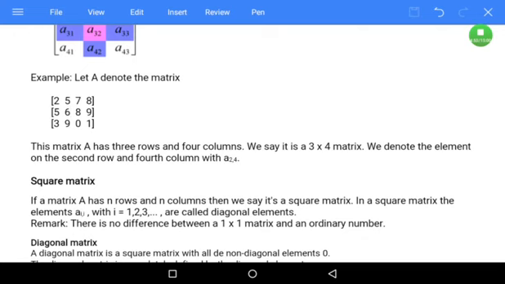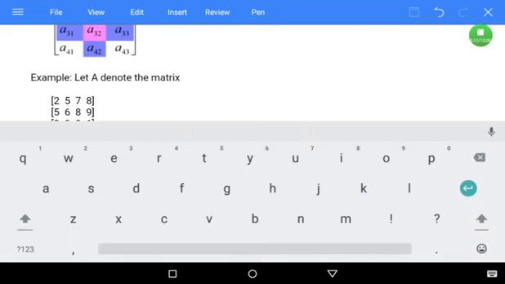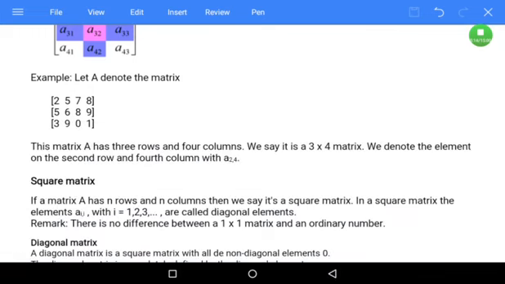When you see A24, it means the element in the second row, row before column, and fourth column. And what is that element? First row, second row, and fourth column: 1, 2, 3, 4. So that is 9. 9 is at A24. Do you understand?